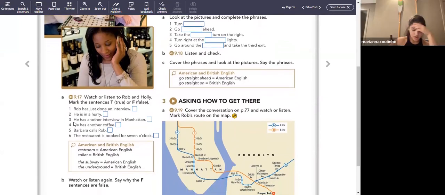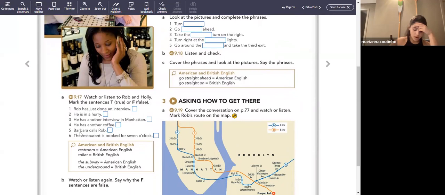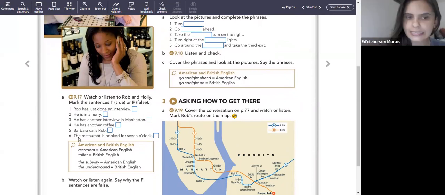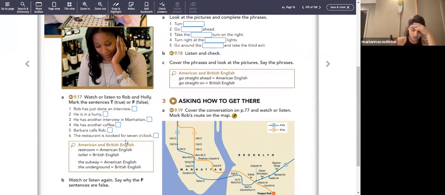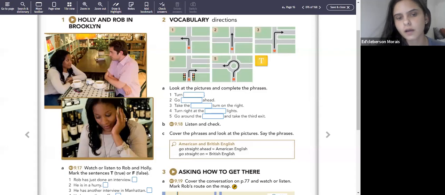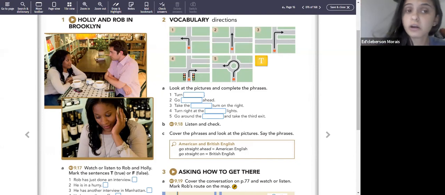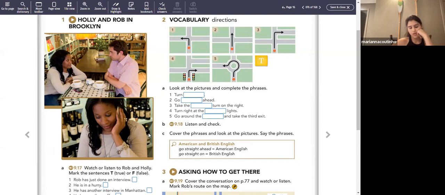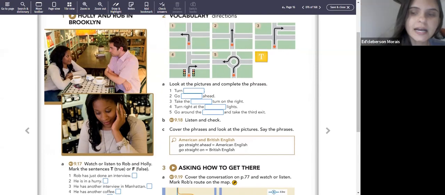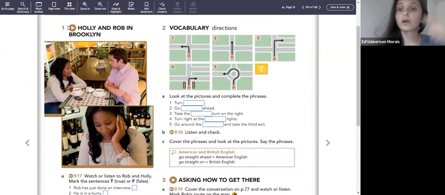He has another interview in Manhattan. Number 4. He has another coffee. Number 5. Barbara calls Rob. Number 6. The restaurant is booked for 7 o'clock. Very good, Mari. So look at the pictures. Where are they? In a restaurant, maybe. Or maybe it's a cafe. Yes, very good. So let's watch and check if the sentences are true or false.